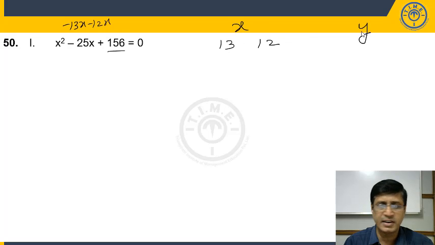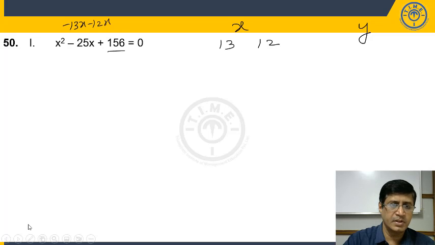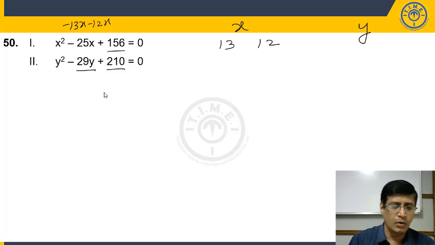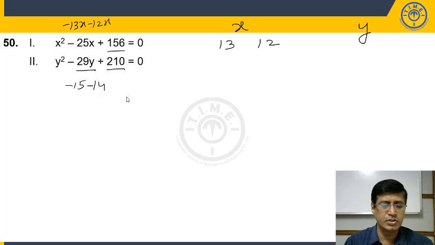What about the second quadratic equation? If you observe the second quadratic equation, 210 is the product and the sum of the factors is 29. What are the possibilities? Minus 15 and minus 14. 15 and 14 multiply to 210. The roots are plus 15 and plus 14.